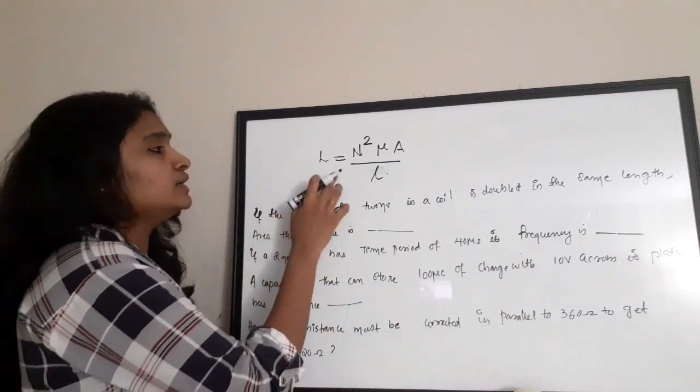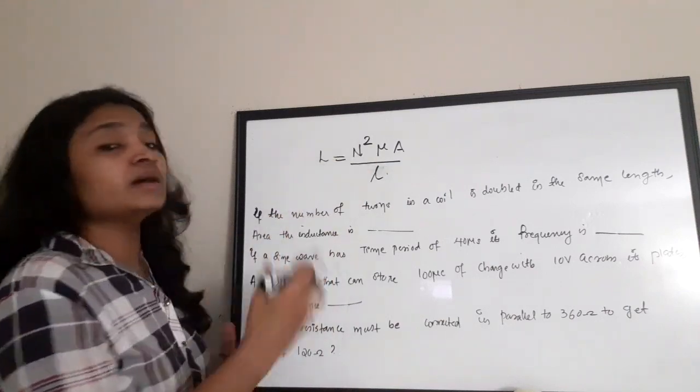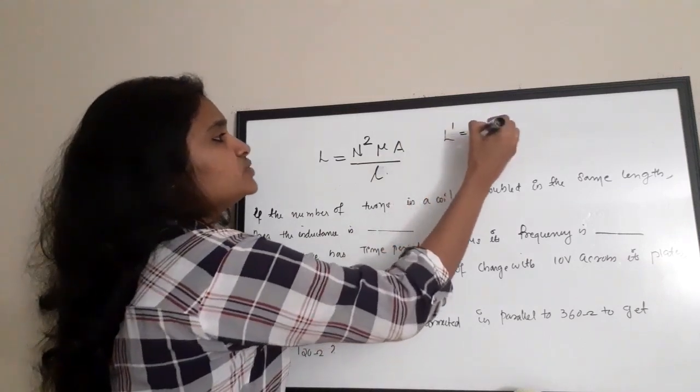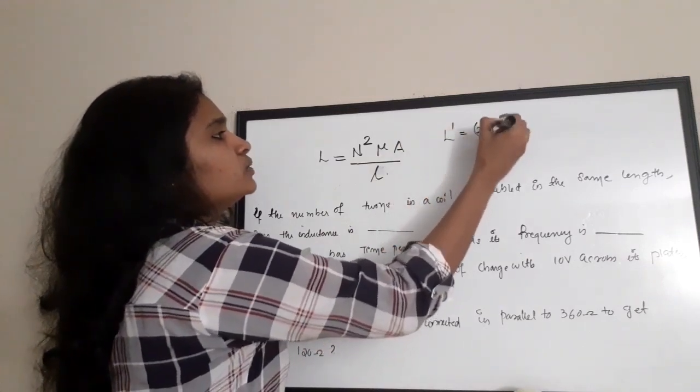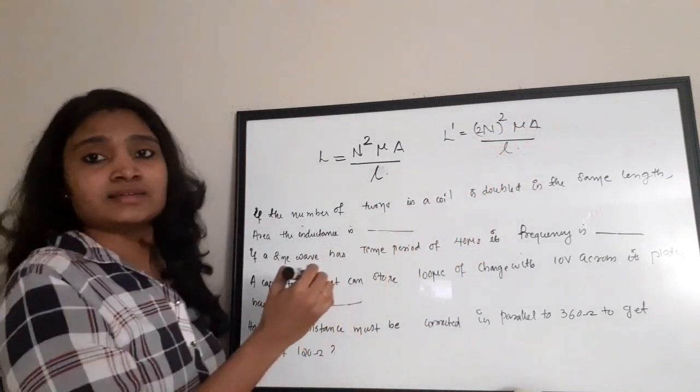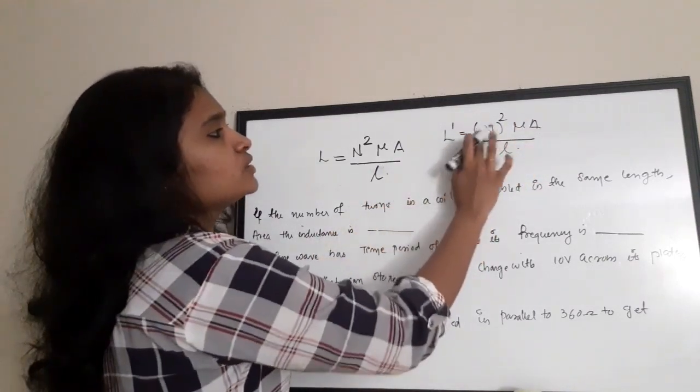Now, if this N has been doubled, what will happen? You can write L dash is equal to (2N) the whole square mu A by l, which is the new inductance. So 2 square is 4.